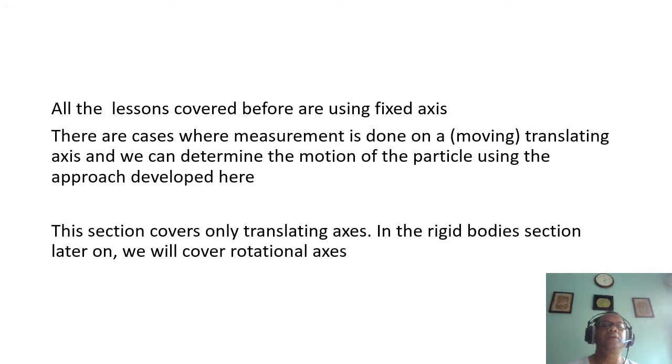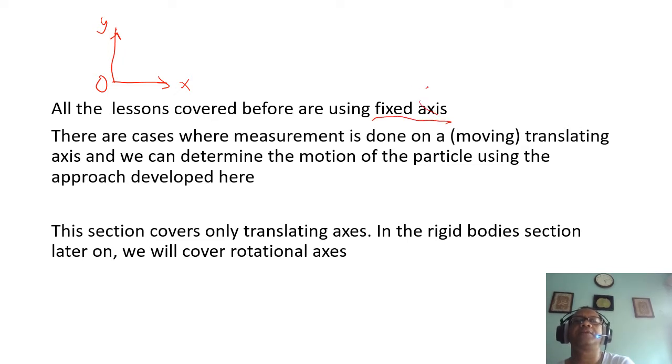To start with, all the lessons that we covered before are using fixed axis. This fixed axis, as I told you, is where we fix the axis at a particular point. Usually x and y don't move, and we have the origin at O and it doesn't move. So these are fixed axes.